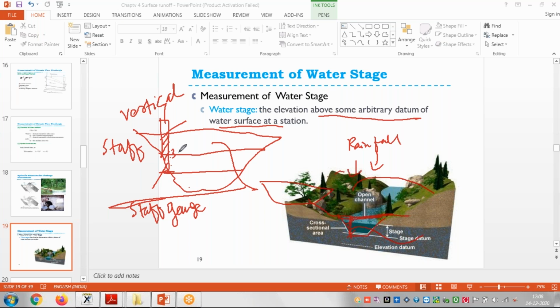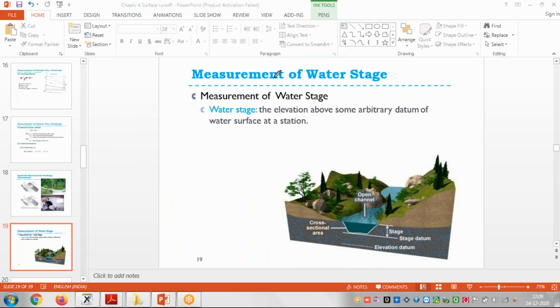Here maybe mean sea level 300 meters, then this is maybe 400 meters, likewise, or 350 meters, and again this is 50, likewise. So we generally measure the height of water in the river only, right?